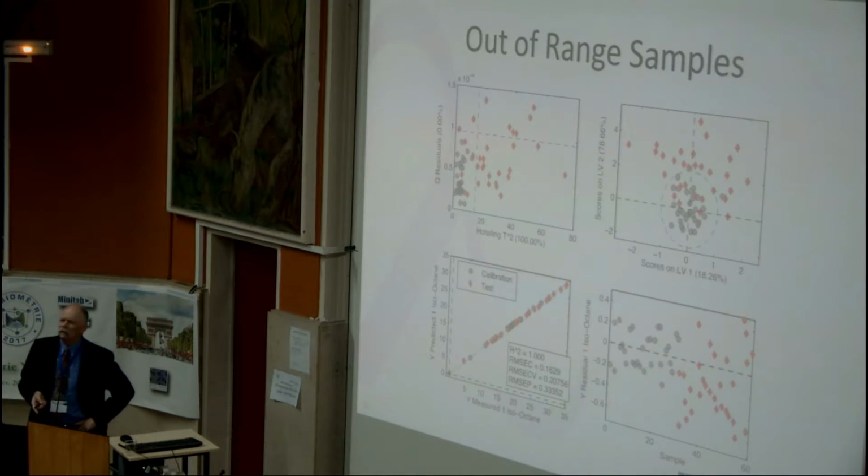Often though, if you're doing linear spectroscopy, your predictions will stay reasonably good in these cases, and of course you would know that only if you're measuring reference values, and so your errors would still be largely centered around 0.